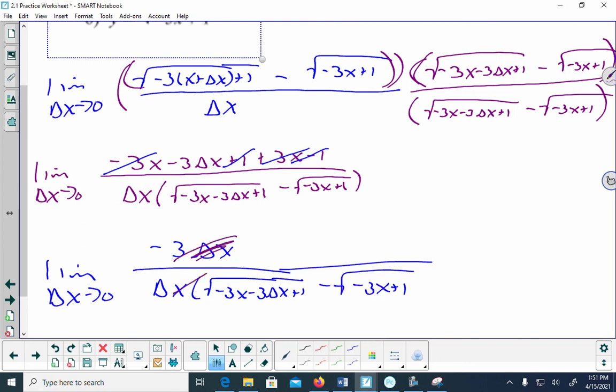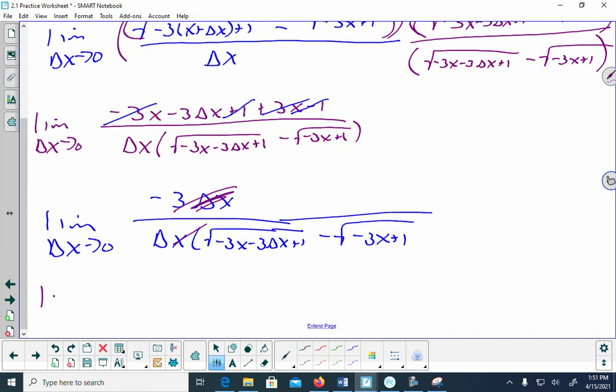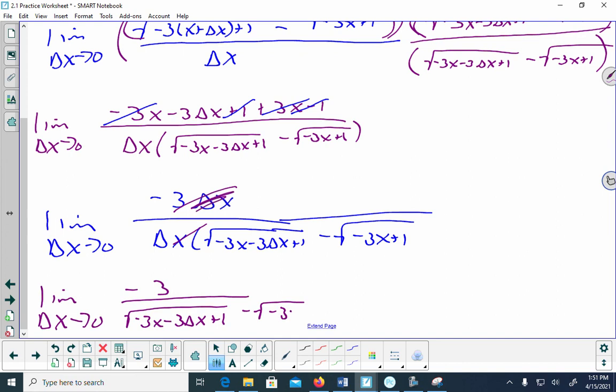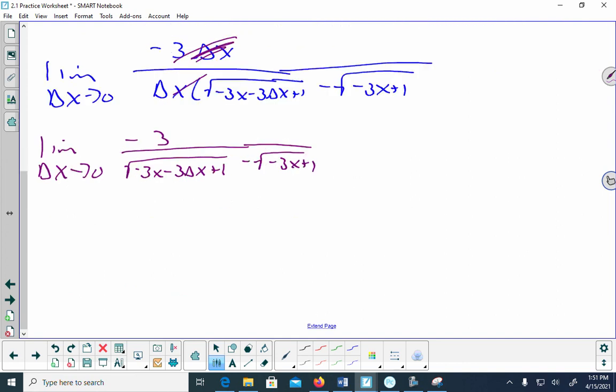Whoopsie, just the delta x. And I'll be left with that negative 3 over all this. And at this point, it's okay for me to put 0 in for delta x, so this will be negative 3 over the square root of negative 3x minus 3 times 0, which means that term will go away.